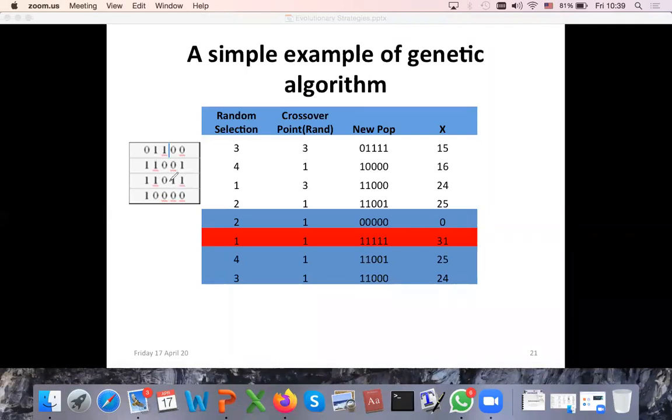The third one is again after 3 bits. So now change it: 0, 1, 1 and then 1, 1. So I am getting this string. And then 1, 1, 0 and these two zeros here. So I am getting this one. So this one and this one. And then you have to change it.